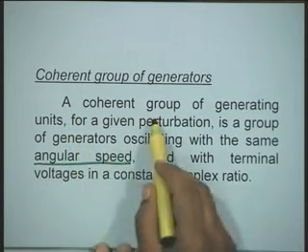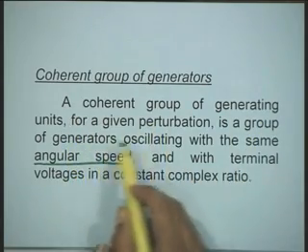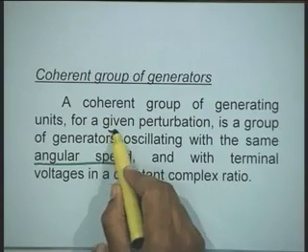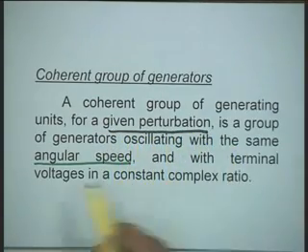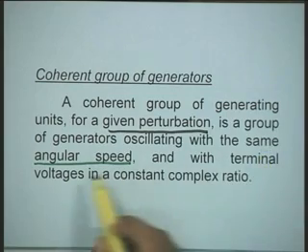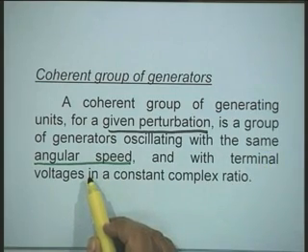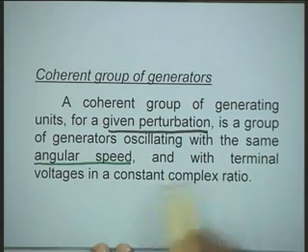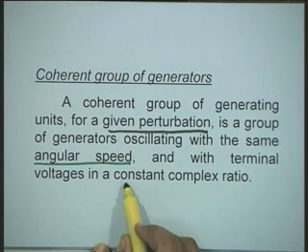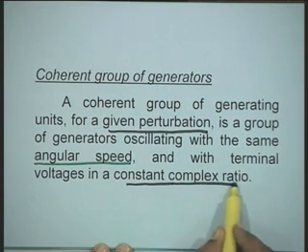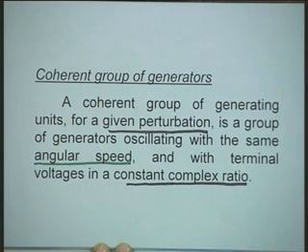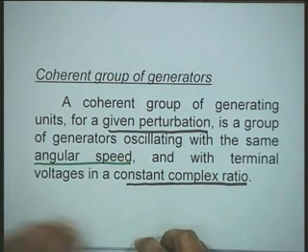Our definition shows that a coherent group of generating units for a given perturbation, I am emphasizing this word given perturbation, is a group of generators oscillating with the same angular speed and with terminal voltages in a constant complex ratio. Therefore, we will make use of the definition of coherency to do network reduction.